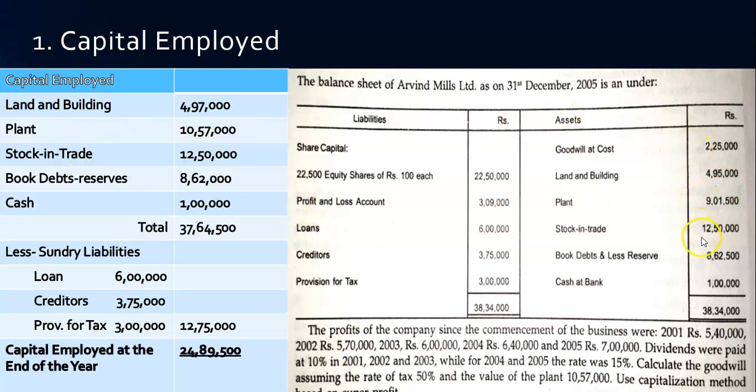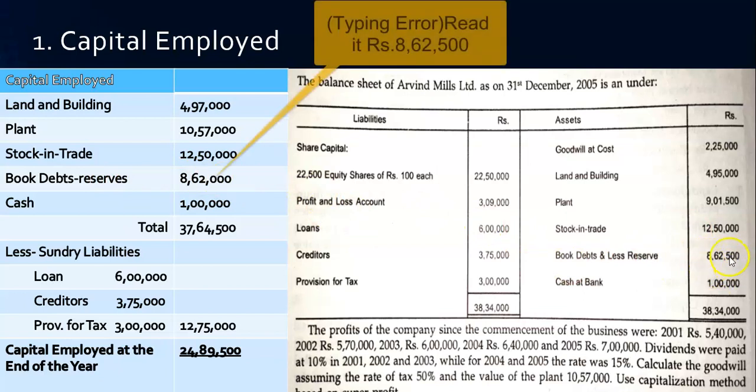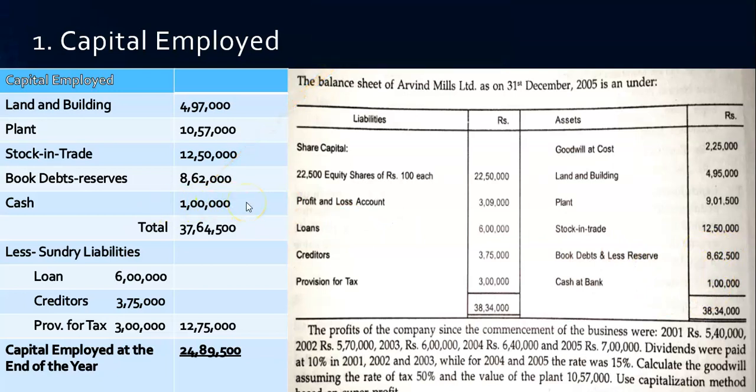So here it is not 10,57,000, but you can see here in the adjustment the value of plant is 10,57,000. You added the same over here. Stock 12,50,000. Here it is 12,50,000. Book debts minus reserve, here it is 8,62,500. And last one is 1 lakh, right?